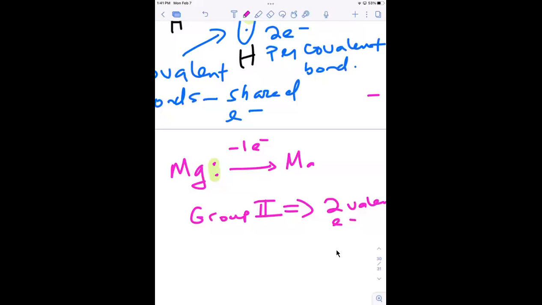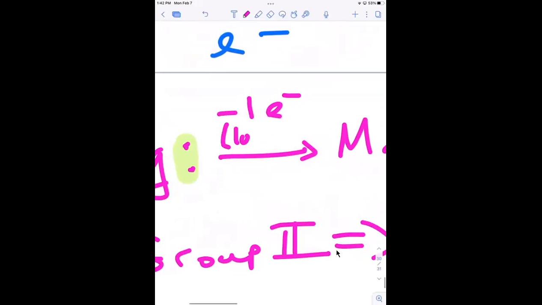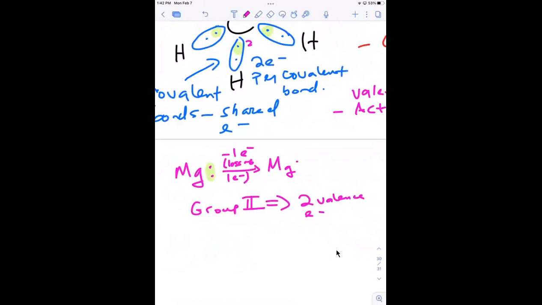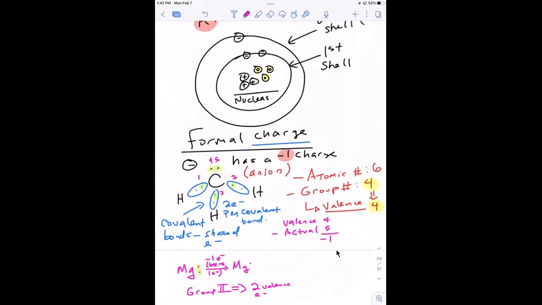It's going to be Mg. If we lose 1 electron, wouldn't it only have 1 left? Yes. What happens to the charge? If making a cation means I lost an electron, what happens to the charge?